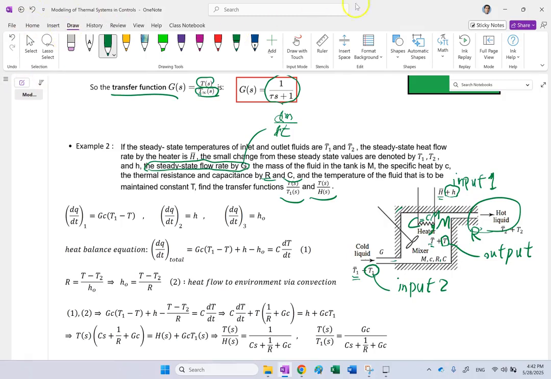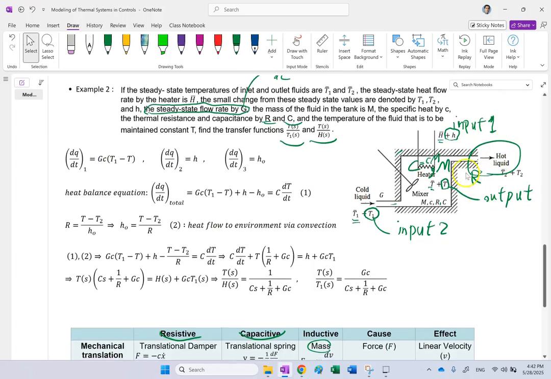So what would you do? As I said, in this system, there are three sources of heat flux. The heat flux directly because of the heater, the heat flux in, and the heat flux out. The heat flux out, I call it H naught.